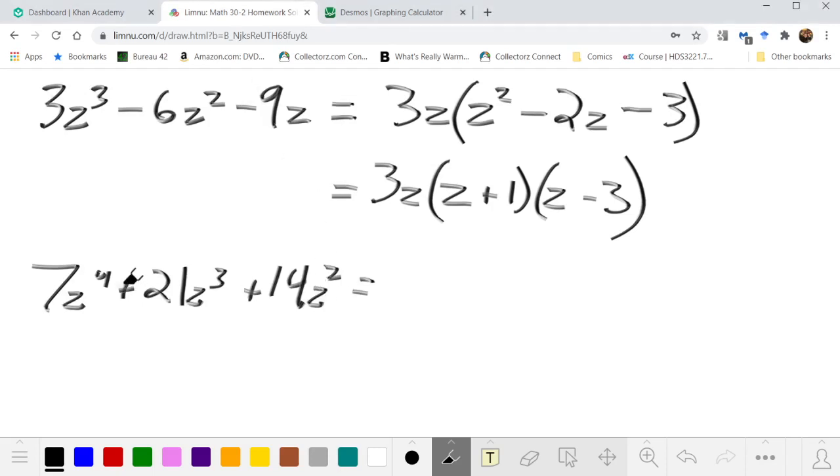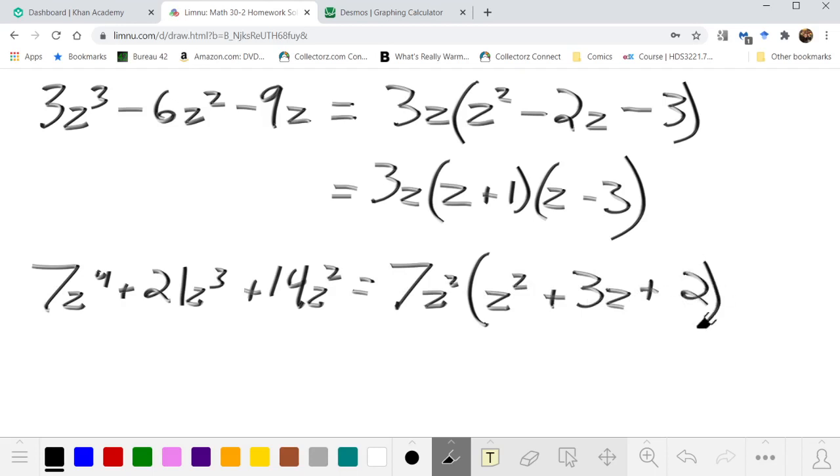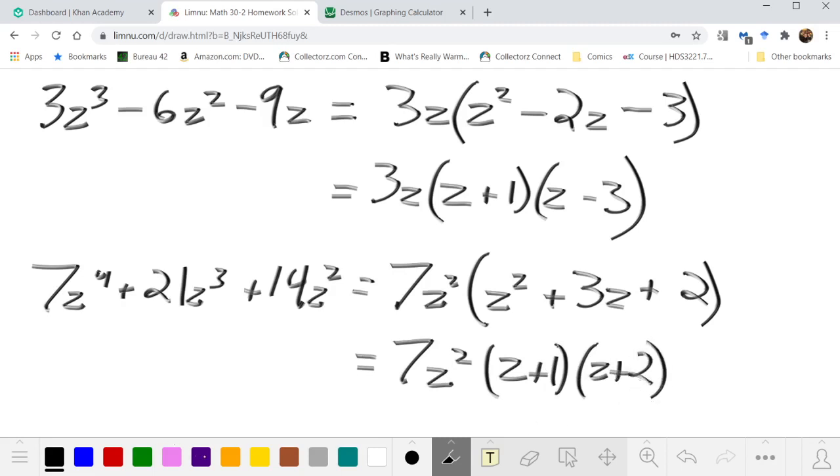We now continue with the expression on the right, noting that we have a 7z squared common factor, which gives us a z squared plus 3z plus 2, which we can factor further as z plus 1 times z plus 2. So again, we have some common factors. We have a common factor of z to exponent 1 and a common factor of z plus 1.